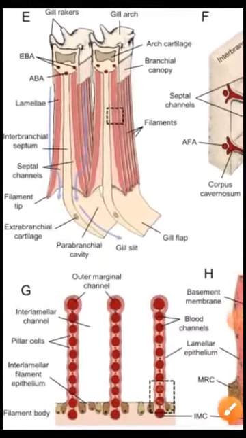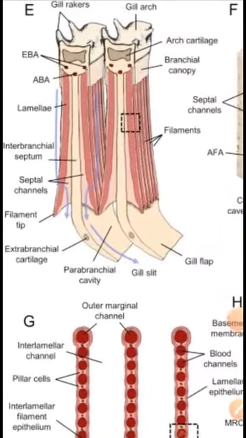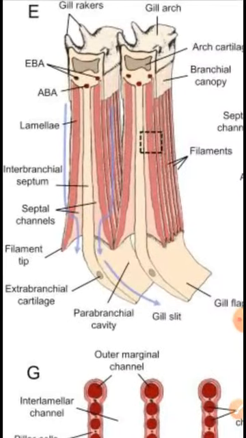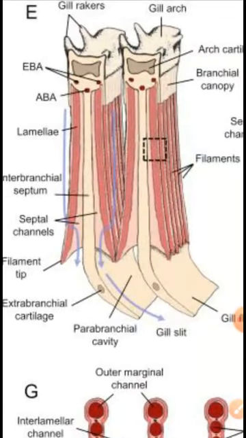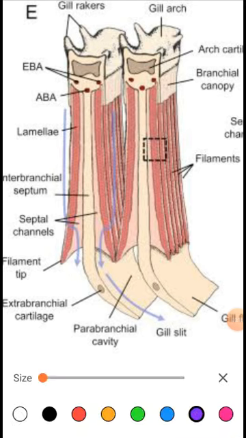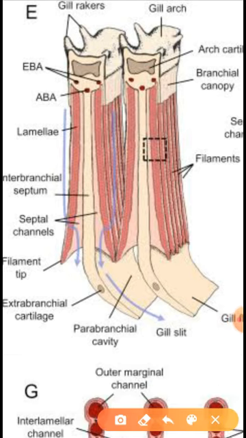This is a diagram of gills in the case of elasmobranchs, right? On the inside of the gills, there are tooth-like structures. Those tooth-like structures are towards the inside, toward the pharynx, and they are called gill rakers. Gill rakers are involved in two things.